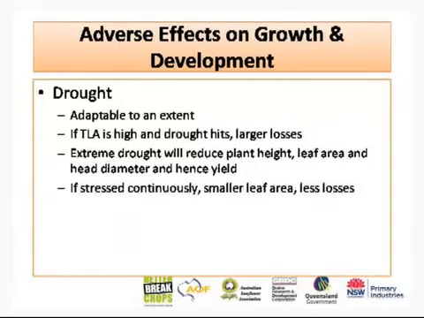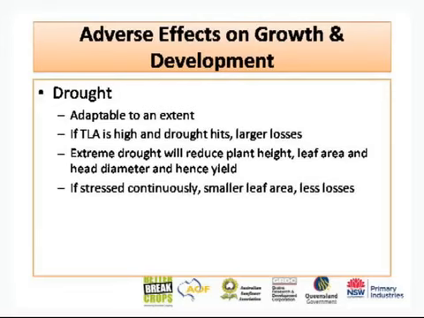Okay, so let's go to the other side of the equation, looking at drought. So we run out of water. As I said, sunflowers have a quite high total leaf area, so there's a lot of biomass there to support. In extreme drought, the plant will respond itself depending on the stage of growth when the drought period hits.